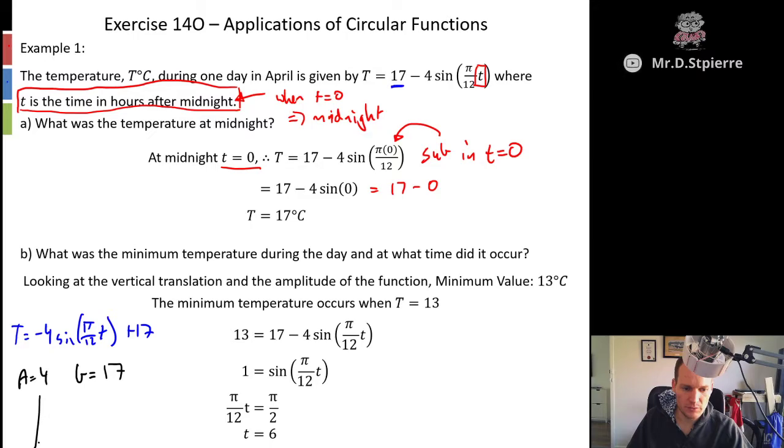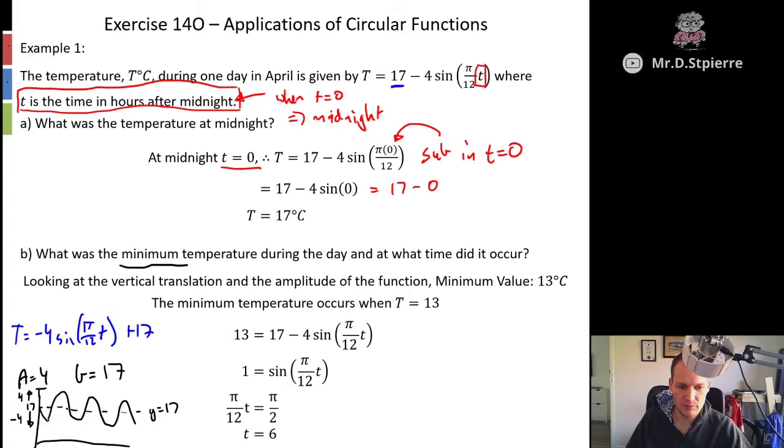So really briefly, the graph is centered at y equals 17, and because it's negative it goes down first. The amplitude is 4, so from 17 it goes up 4, and importantly for this problem, because we're finding the local minimum, it also goes down 4. So my minimum point, the temperature at that point, is 13. We've done that just via inspection, using the negative 4 and the 17 together.